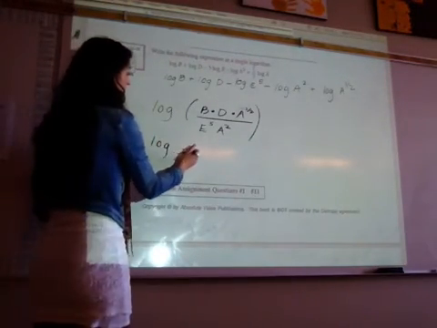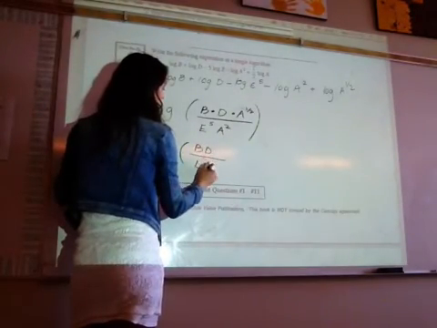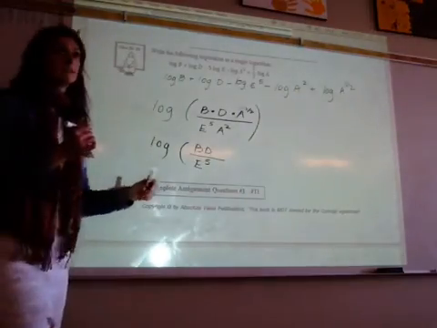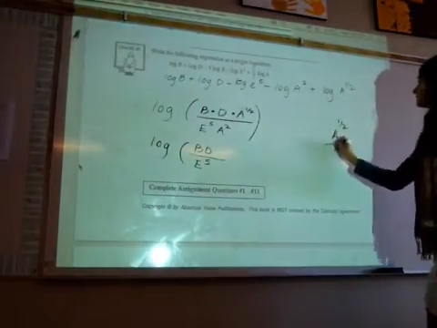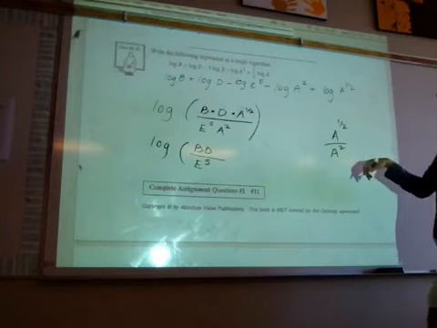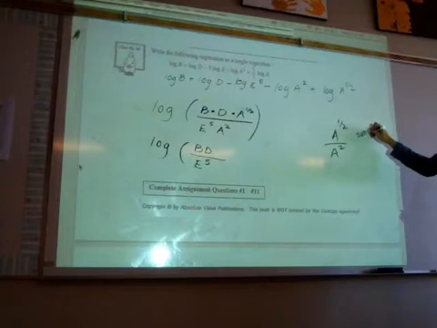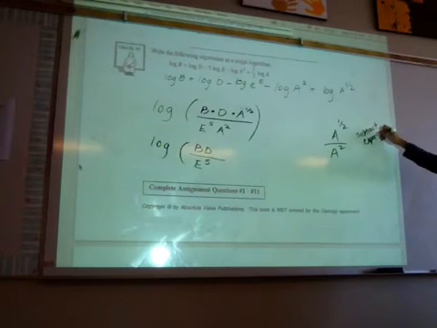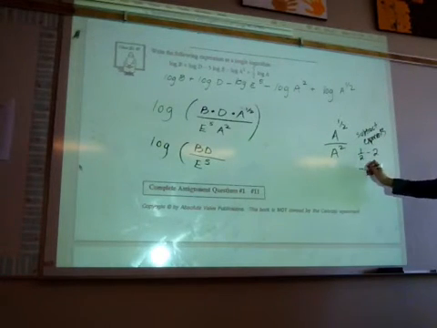Then we just have to clean things up. We get bd over e to the power of 5. And what's happening with our a's? If you have the same base, and you're dividing, what do you do with the exponents? Subtract. So we have 1/2 minus 2, so that's negative 3 over 2.